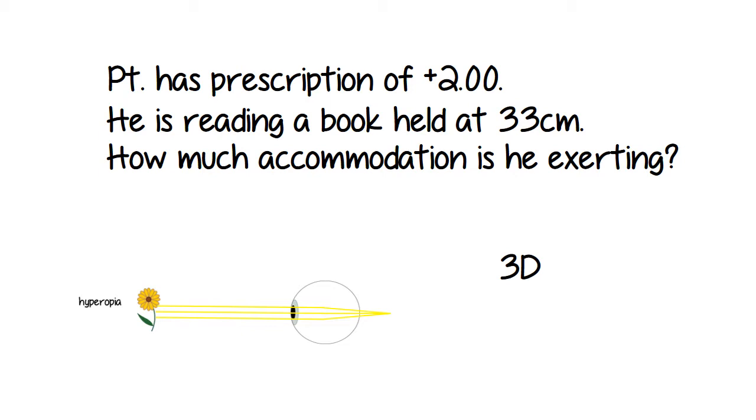Now, our patient is already lacking 2 diopters of accommodation, being a hyperope. And look at the picture on the bottom there. They need to accommodate 2 diopters just to be emmetropic, just to have that focal point on the retina, and then another 3 diopters to read a book held at 33 centimeters. So the answer here would be 5 diopters, the 3 plus 2.